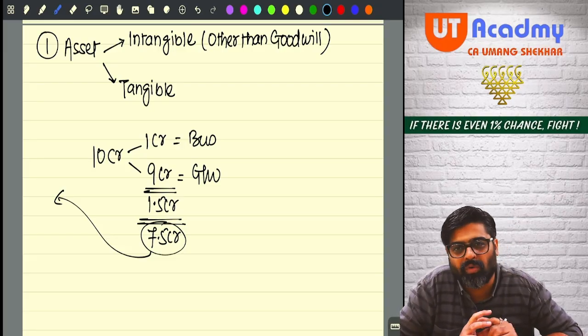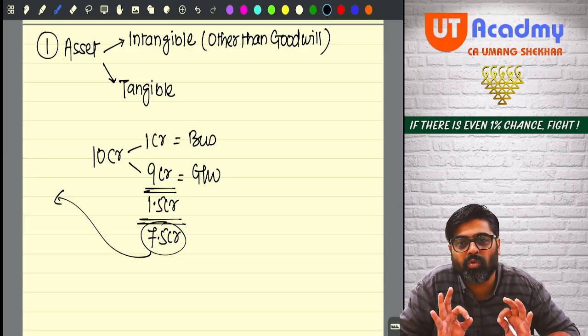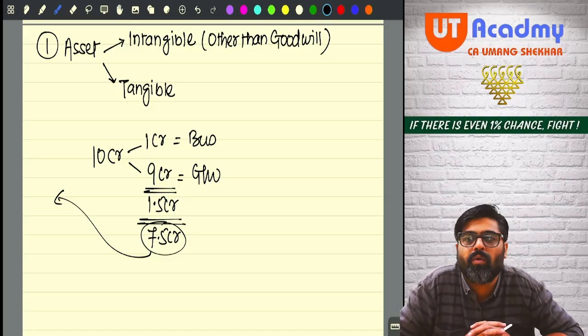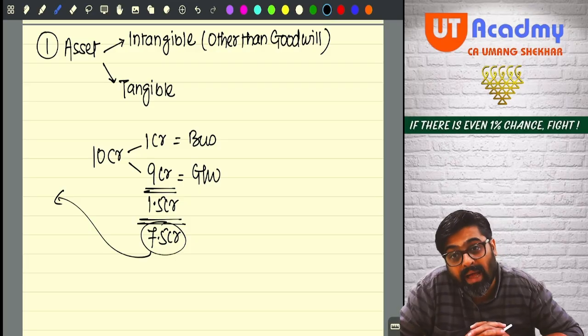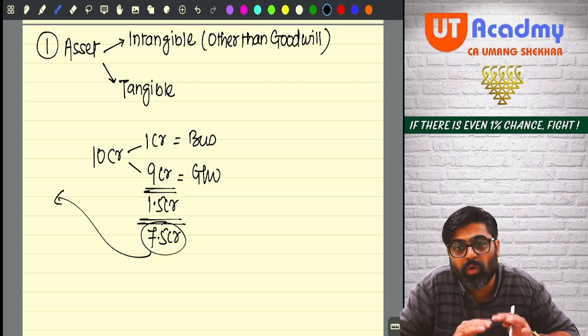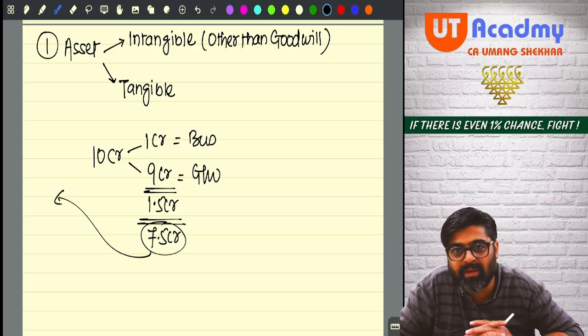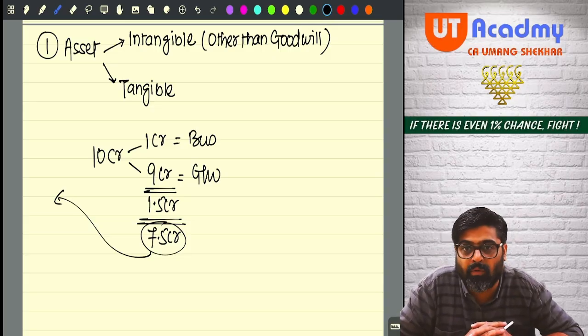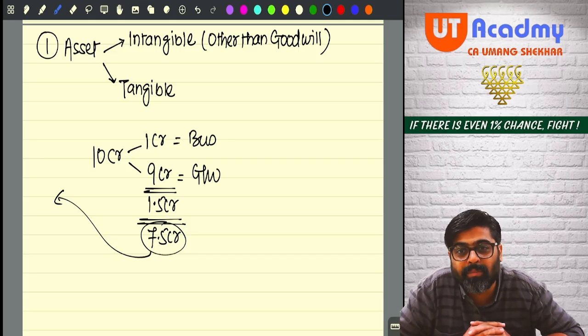So they came to know that the assessees are doing such kind of malpractices. Yes or no? So they said, with effect from 1st April 2020, whatever goodwill you have already acquired, on that also no more depreciation will be allowed. And from now onwards, whatever goodwill you will acquire, on that also no depreciation will be allowed.